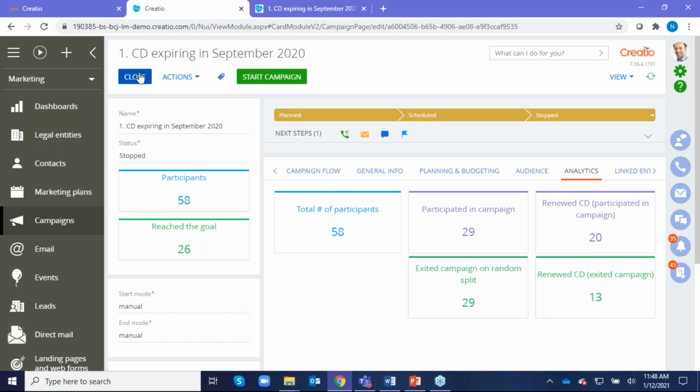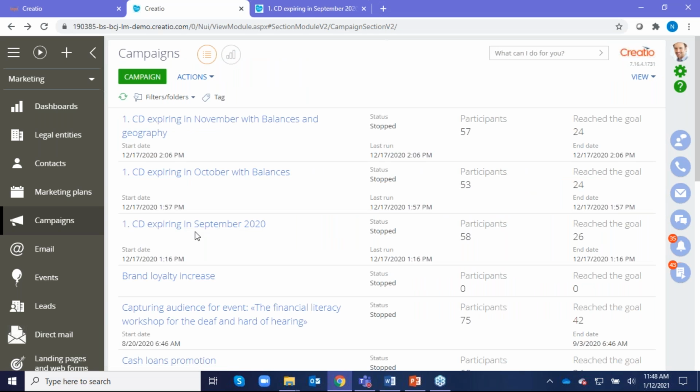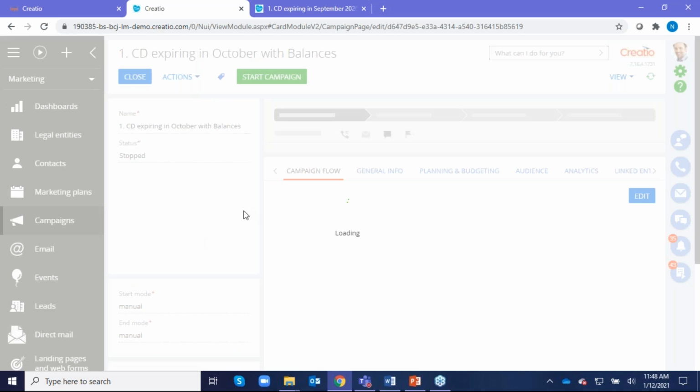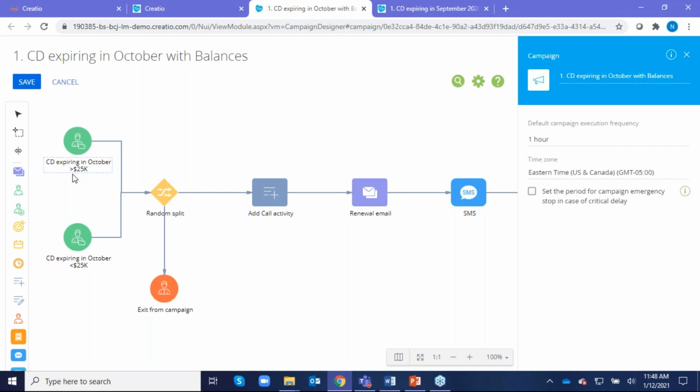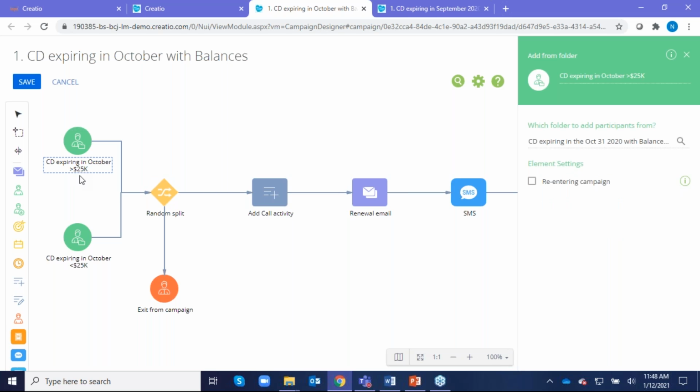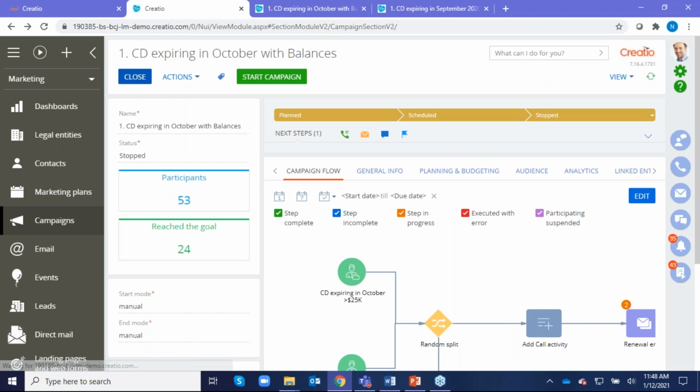And then after this, you can continue to do even more, right? Once you have done that, then in the next month, you're going to take it to the next level. Obviously, what we're doing here is not only the CDs expiring, but now we are going one level further, to say not only the CDs expiring, but also those whose balances are greater than 25K. Only those are being considered, right? So we are continuing to grow the A/B testing.